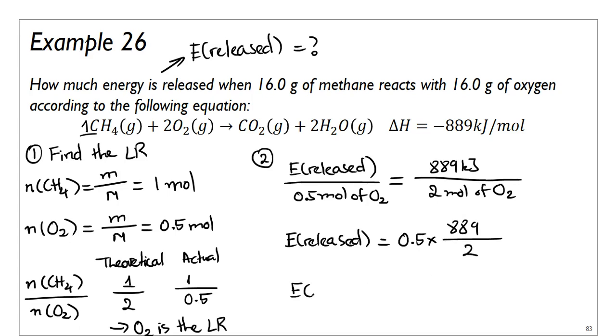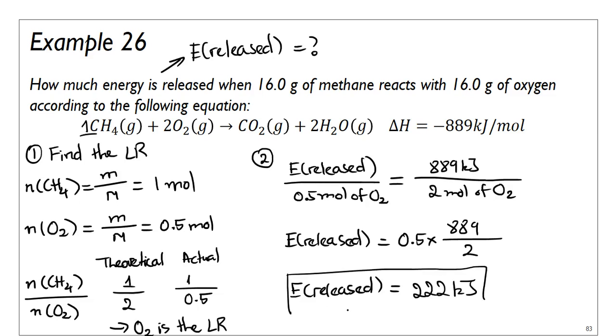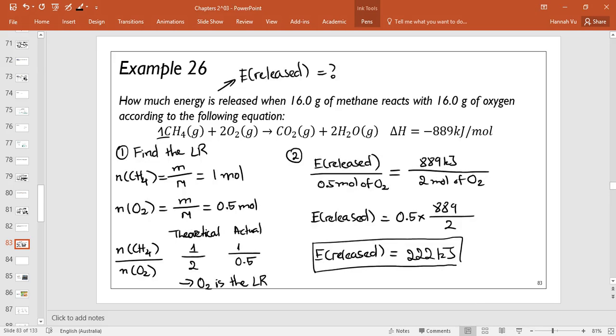So the energy release is going to be, okay, 0.5 times 889 over 2 is, if we're going with 3 significant figures, 222 kilojoules of energy, as the unit originally was kilojoules in the thermochemical equation. So that's question 26. And that is the end of this worksheet.